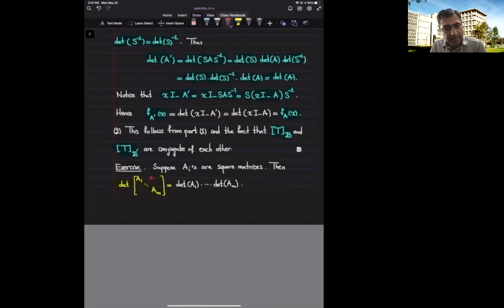So from there, we can deduce that we can write down the whole summation as a product of summations where sigma i varies among the permutations for the block A1 and so on. And we notice that the sign of the product of these permutations would be the product of the signs. So altogether, you get the equality that we are looking for.